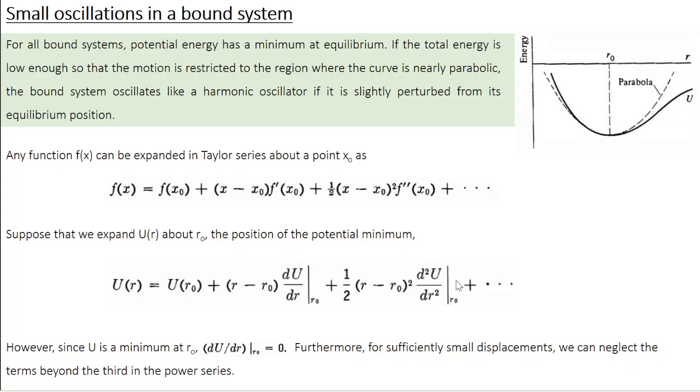Now, why do I say that? For example, assume that r minus r naught is very small, like 0.1. In the second term, you have (r minus r naught) squared, which will give you 0.01. And in the third term, you will have 0.1 cubed, which is 0.001.